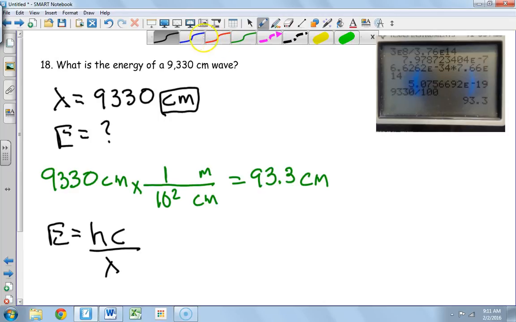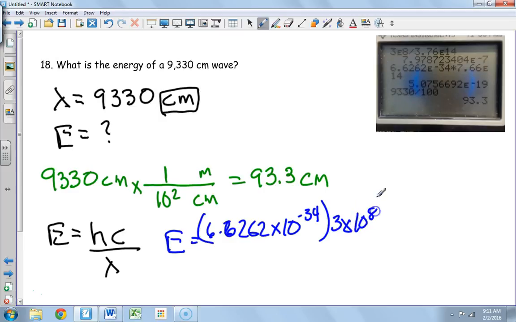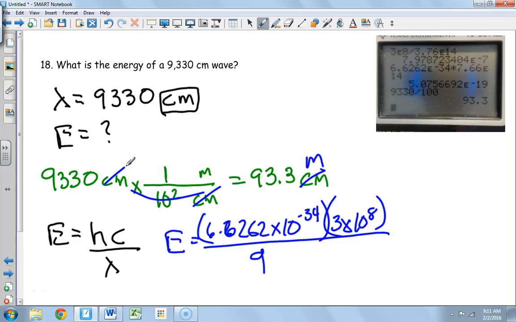We don't know the energy, so that becomes E equals h, 6.6262 times 10 to the negative 34, times c, which is 3 times 10 to the 8th, over lambda, wavelength 93.3 meters. Oh, I'm sorry, that's 93.3 meters. See, this is me not doing my X line right. So it's 93.3 meters.